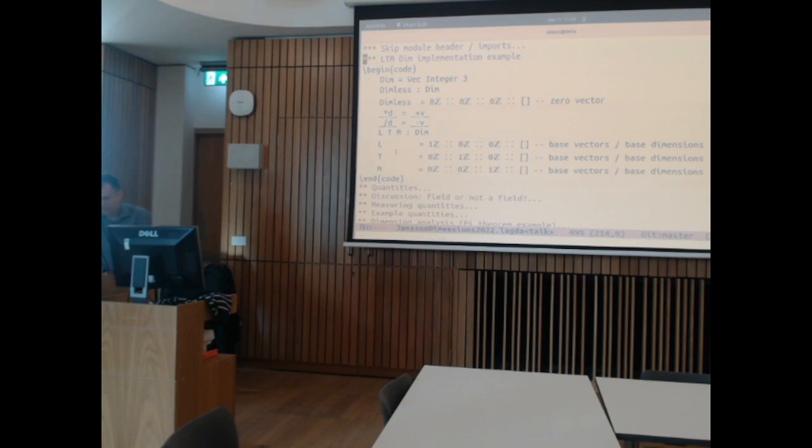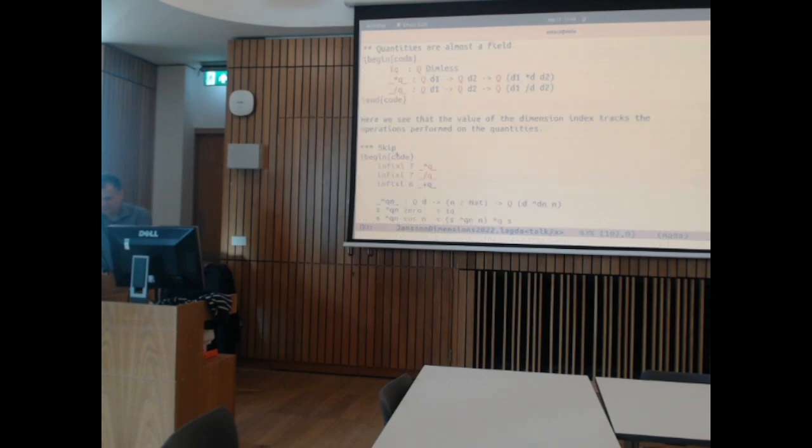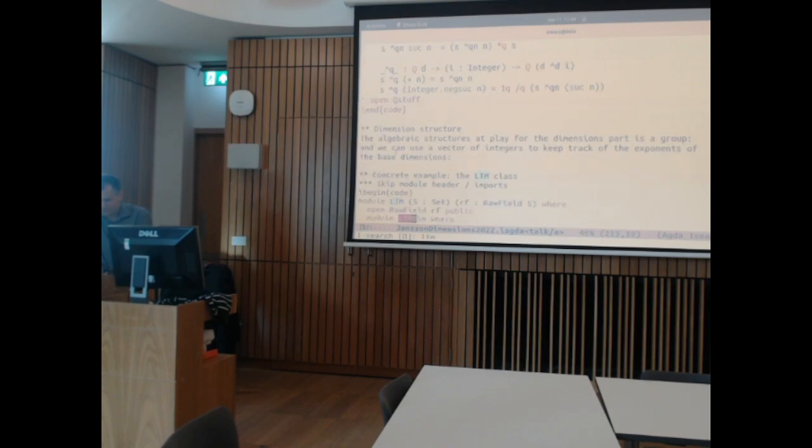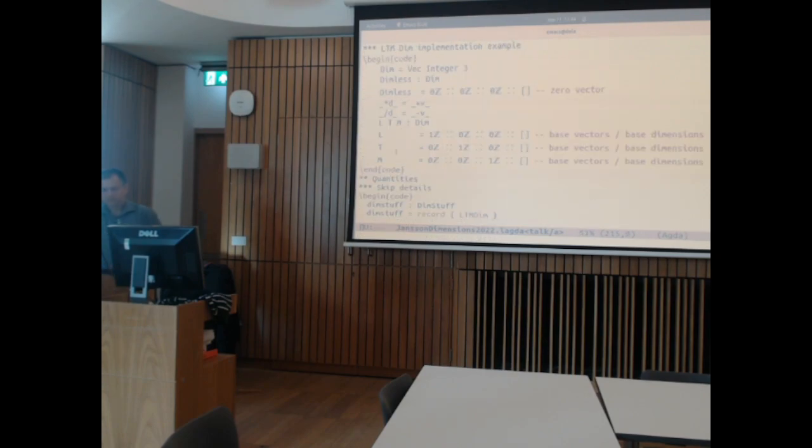Maybe I should now open the other one. So a dimension is just a vector of 3 integers. Of course 3 would be some other number if you had more base dimensions, but just here for concreteness.